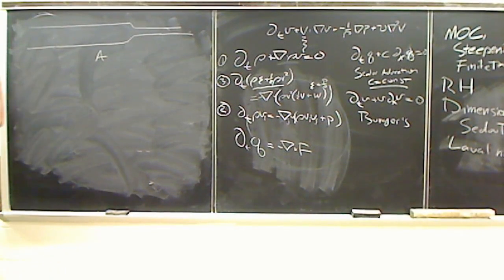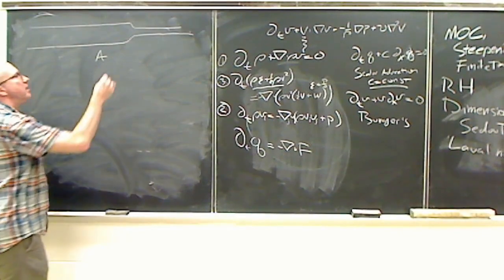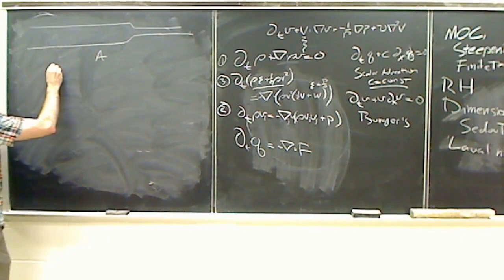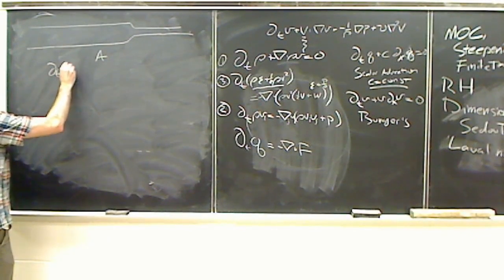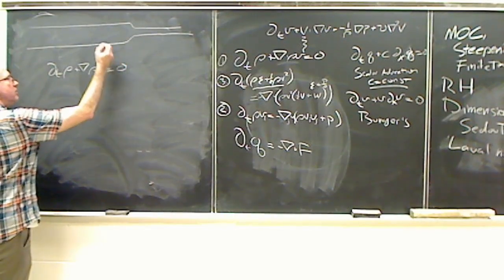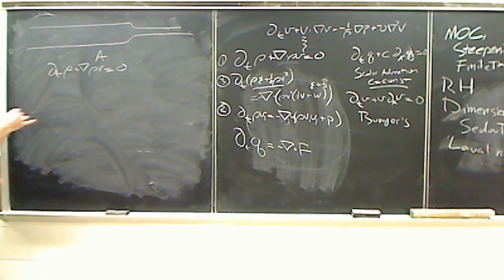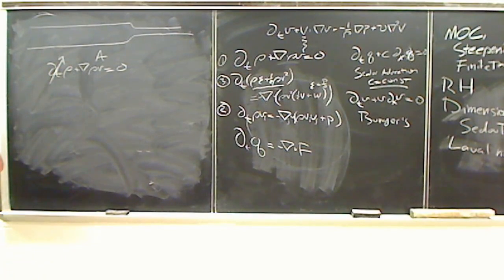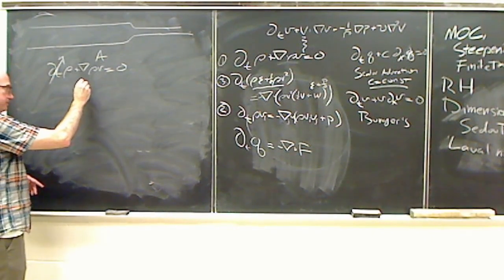So if I'm just pushing air through this pipe at some constant rate, then continuity says that d by dt of rho plus div rho v equals 0. So if I'm in a steady state, so that I've set things up so it's just smoothly flowing through, we can send the time derivative, holding everything else fixed, to 0. And we're just left with div rho v.